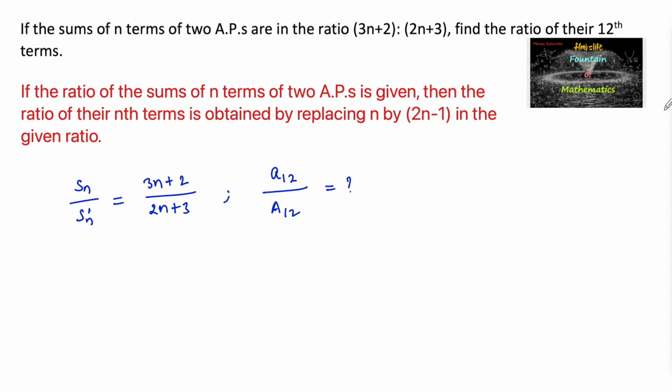Since we have a property, if the ratio of the sums of n terms of two APs is given, then the ratio of their nth terms is obtained by replacing n by 2n minus 1.